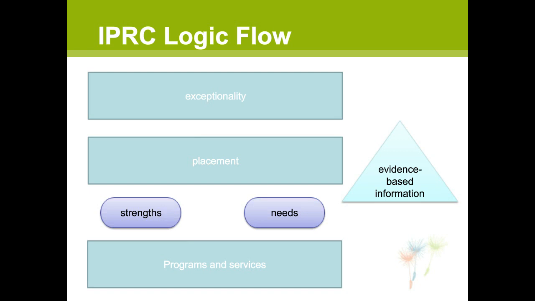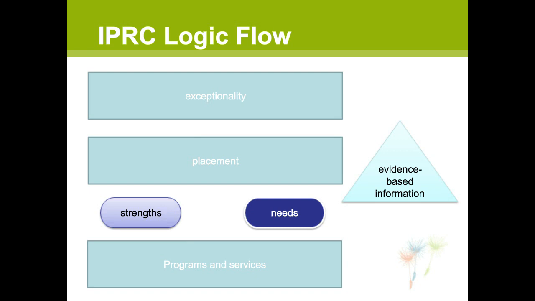We're going to focus on needs first, and not on strengths. When you're imagining how to program for a child, it would all be strength-based, but when we're really looking at this process, with the exception of certain situations, programs and services do not derive from strengths. I could imagine a child that was gifted. Clearly, programs and services would emerge from that strength.